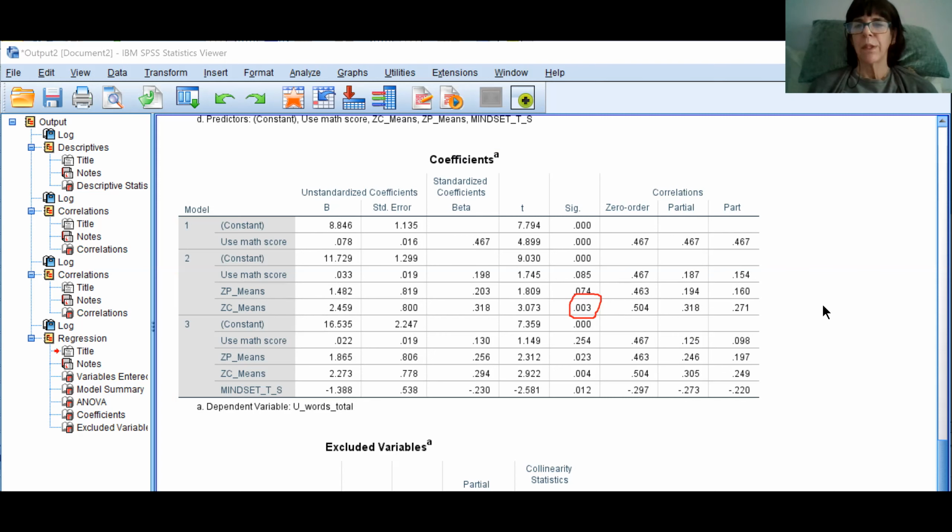And the way we report that is we would say something like, given procedural knowledge and math score in the model, the relationship between conceptual understanding and use of words is statistically significant.